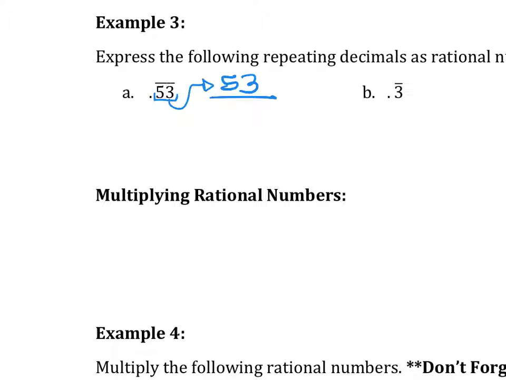Now for the denominator, what place value is that repeating decimal ending in? The hundredths again. How many zeros are in 100? 2, so you put 2 nines in the denominator. Again, this is in the hundredths. We have 2 zeros, so we have 2 nines.